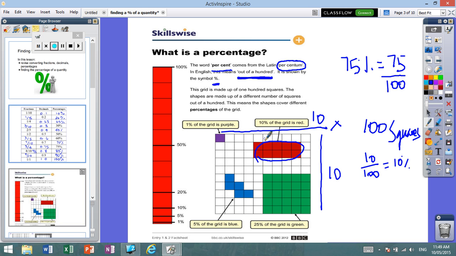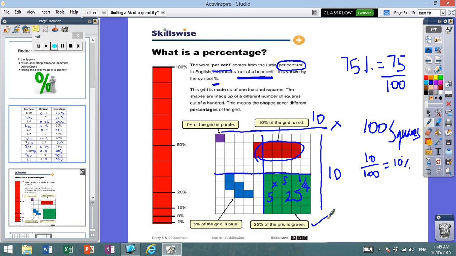When you look at the green here, we've got a 5 by 5 square, so 5 squares by 5 squares, and if we multiply that, it gives us 25 squares. And we know by looking at our crossover that it is a quarter of our 100 squares, which gives us 25%.